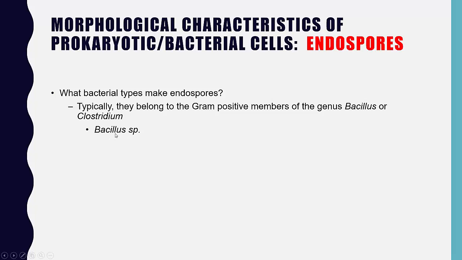Whenever you see this while reading journal articles, it means some species of Bacillus, so this is Bacillus and a specific epithet. This could be Bacillus anthracis, but it could also be several others. We won't go into it, but Bacillus anthracis is the only one you need to know that causes anthrax.